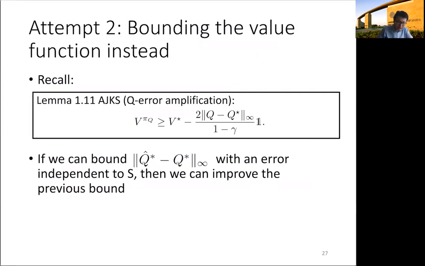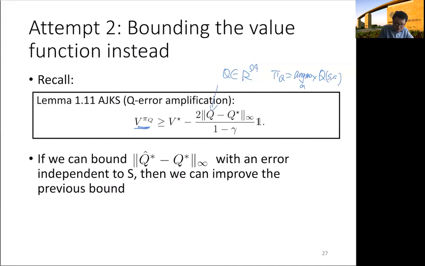Okay, so recall in the last lecture we talked about the Q error amplification lemma, which says that if we have an arbitrary Q in R of SA, and we define a policy to be the arg max of Q(s,a), then if this Q is close to the optimal value function, the policy is also close to being optimal.